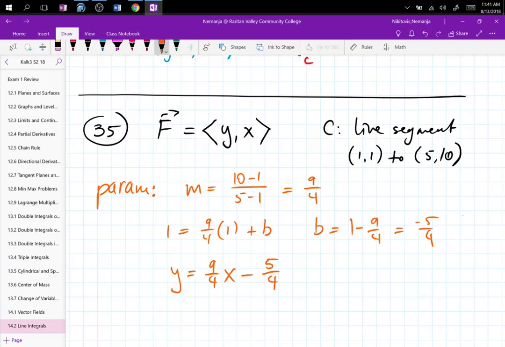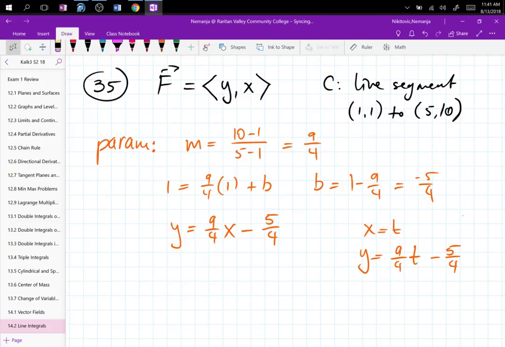The next order of business is for us to come up with a parametric equation that would make our r of t, right? So the easiest way to achieve that is always to say x equals t, and then y equals whatever equation is there right now in terms of t.